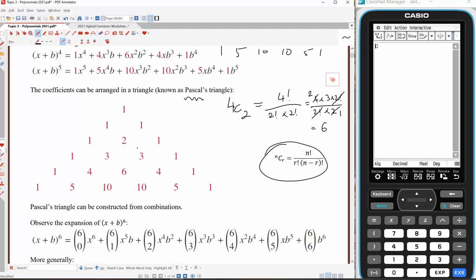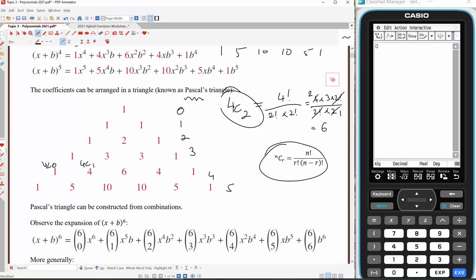Now, it's interesting to note that that also can be found. So the 4 choose 2 can be found in Pascal's Triangle. And here's where. So we're going to call this row the 0th row, the 1st, the 2nd, the 3rd, 4th, and 5th. Now 4 choose 2 is going to be in the 4th row, given that we've got a 0th row here. And this item here is going to be 4 choose 0.